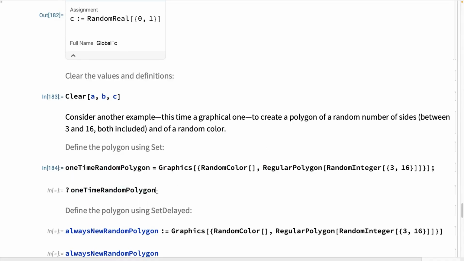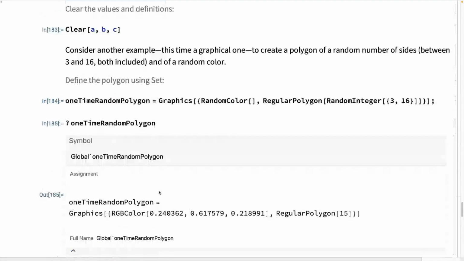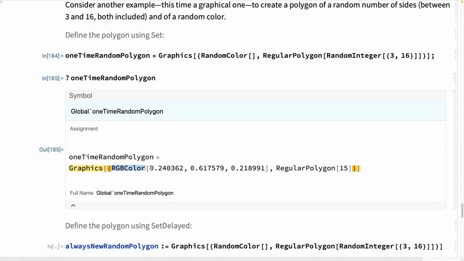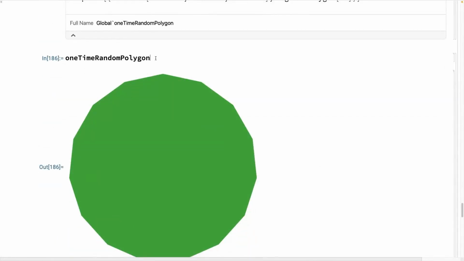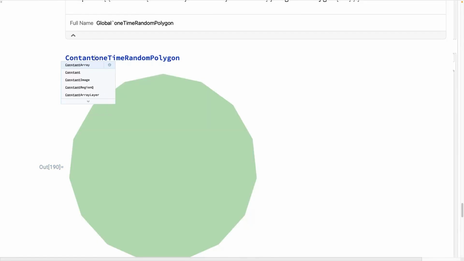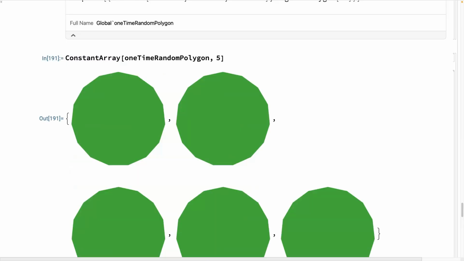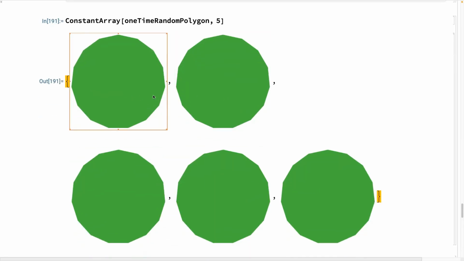If I ask about it, RGBColor, it's got a particular color and it has 15 sides. And indeed, if I keep rerunning it, or if I try to make copies of it, say I make a constant array where I have 5 copies of it, it's always the same thing.